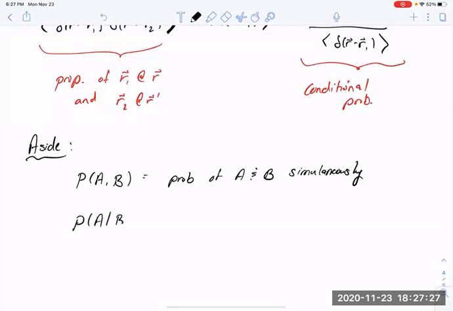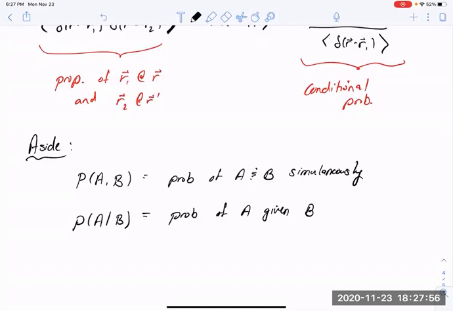A bar B denotes the probability of A given B. That's a conditional probability. Given I just flipped a coin and saw a head, what is the probability that if I flip another coin, I also get a head?